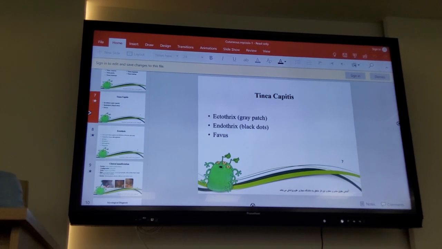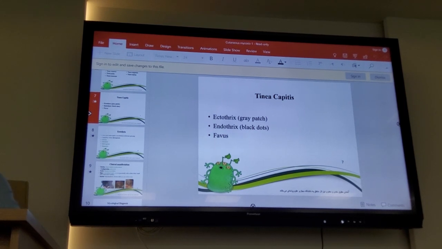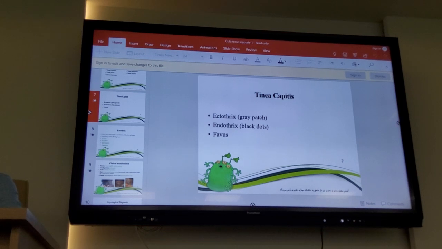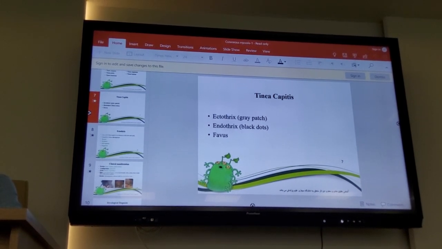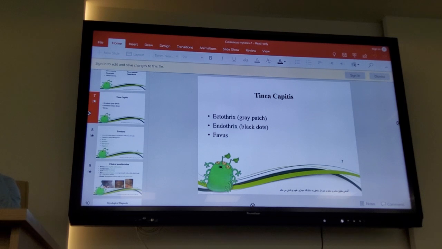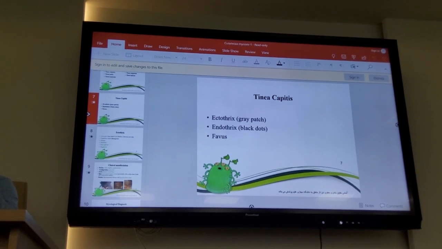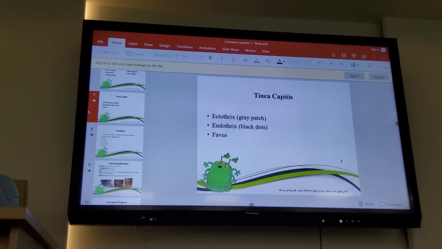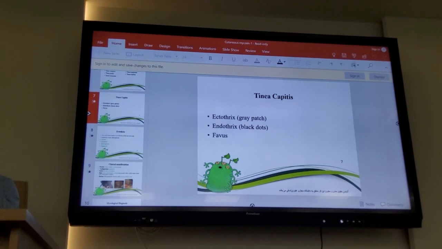There are some clinical manifestations that you find only in ecto, only in endo, or in favus. They are different in clinical sign. But all of them show a common sign, that is missing the hair, alopecia.